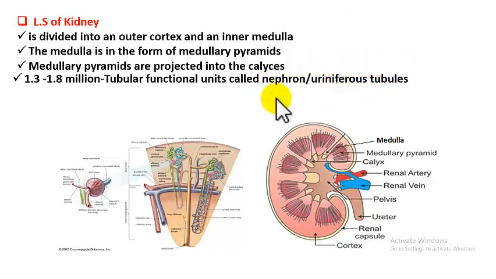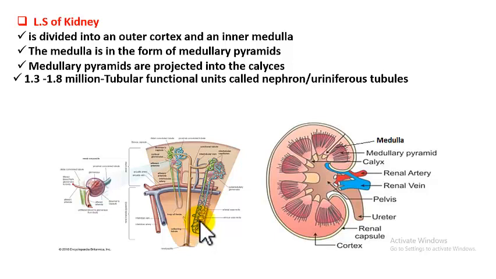Now, students, where are these nephrons present? A portion of the nephron is present in cortex and a portion in medulla. See here, this is one nephron. Up to some extent, it is in cortex. This is cortex and this is medulla, and a portion of it is also present in medulla. So the nephrons have their parts both in cortex and also in medulla.